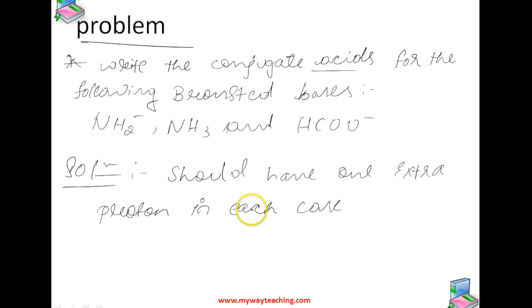Therefore, the corresponding conjugate acids are NH3, NH4 plus, HCOOH. These are the conjugate acids.